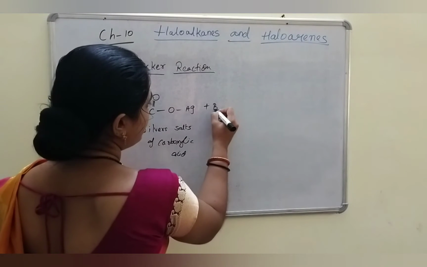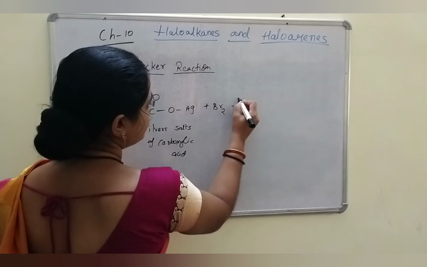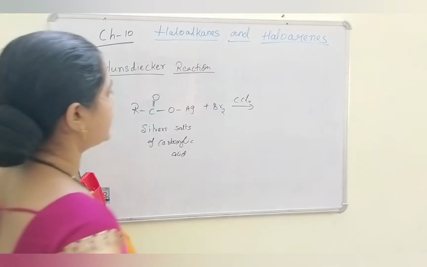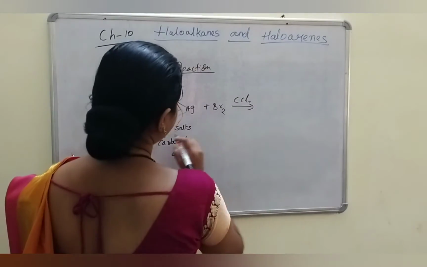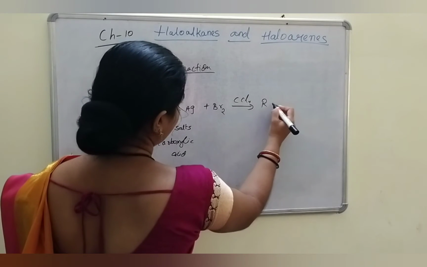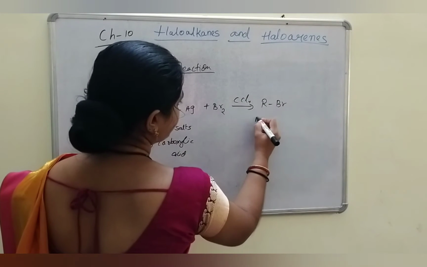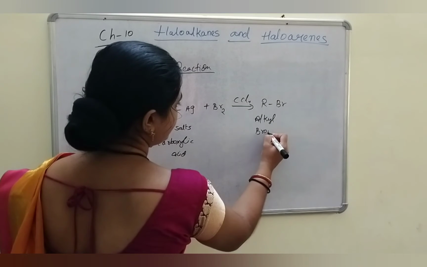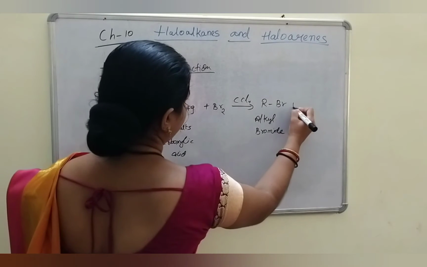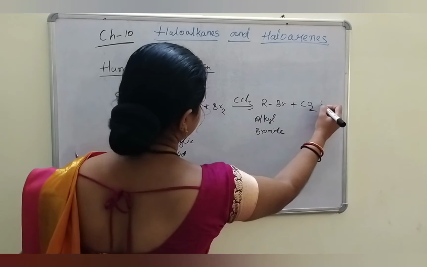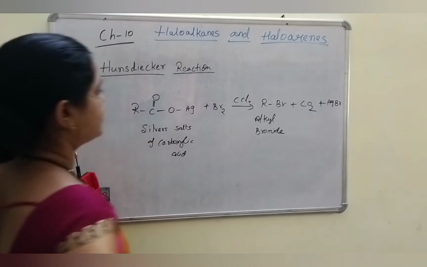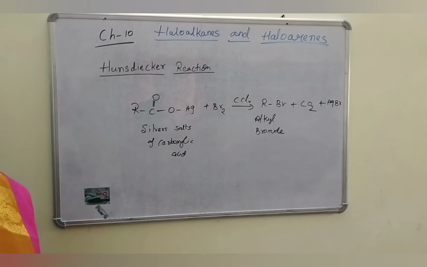When treated with bromine or chlorine in presence of carbon tetrachloride, they form the corresponding alkyl halides. This is alkyl bromide plus carbon dioxide gas plus AgBr, silver bromide. So this is the Hunsdiker reaction.